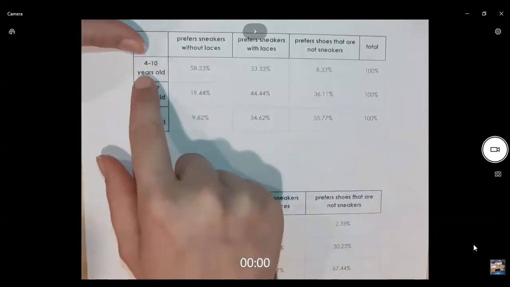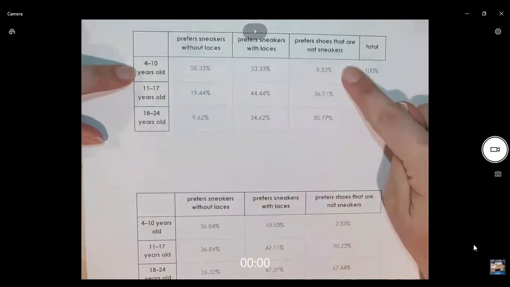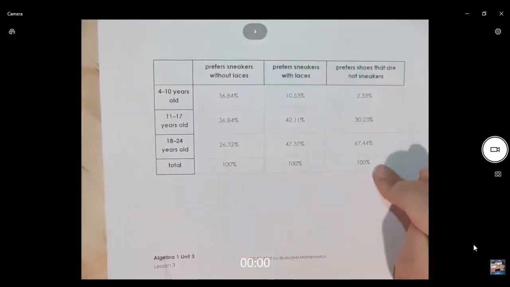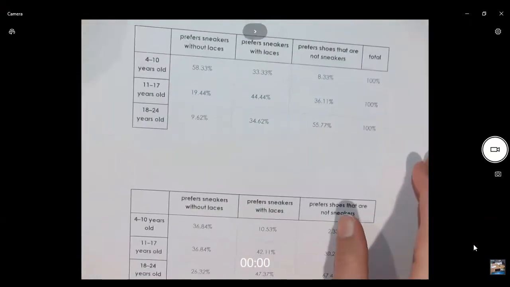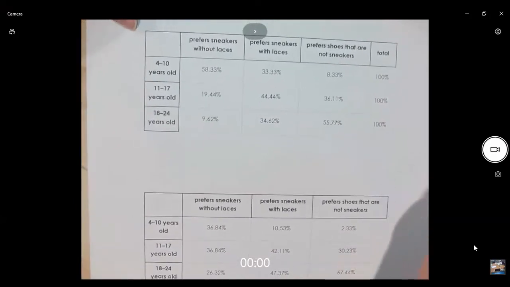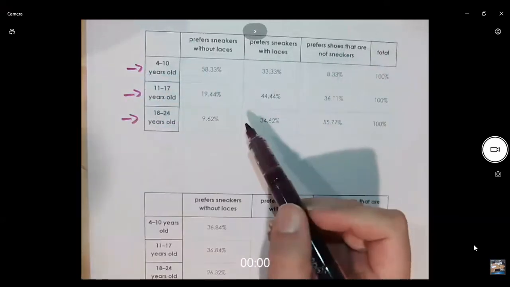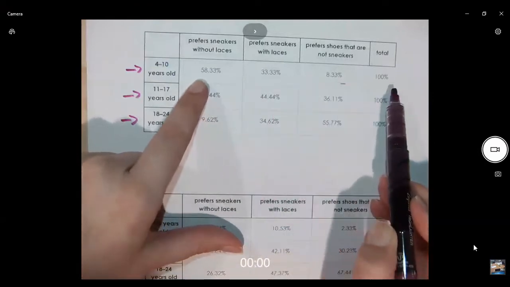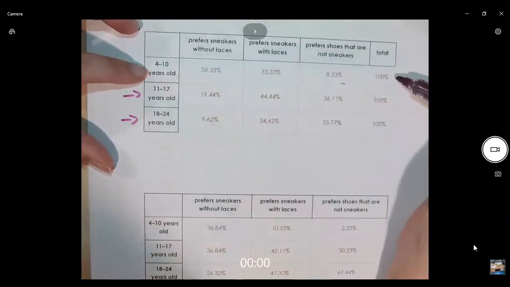So we see that if we know the age of the student, then we can see the percent of their preference. Or if we know the preference of the student, then we can see their age based on that preference. So looking at this different information tells us a little bit about each one. Here again, our totals are the rows, and if we look across the rows, we see this breakdown of our numbers. We want to compare all of our numbers based on 4 to 10-year-olds.